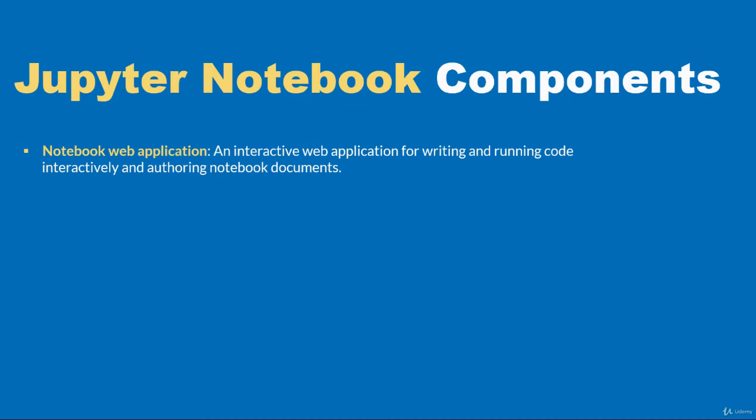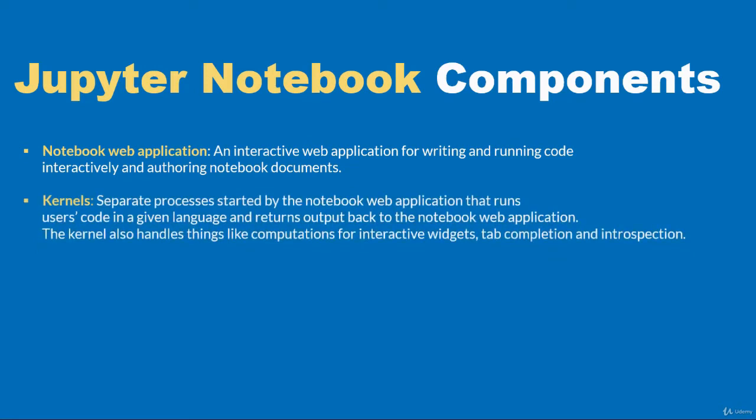The second Jupyter Notebook component is called the kernels. The kernels basically are separate processes started by the Notebook web application, and it usually runs the user's code in a given language. The default language is Python, but it can run in other languages.